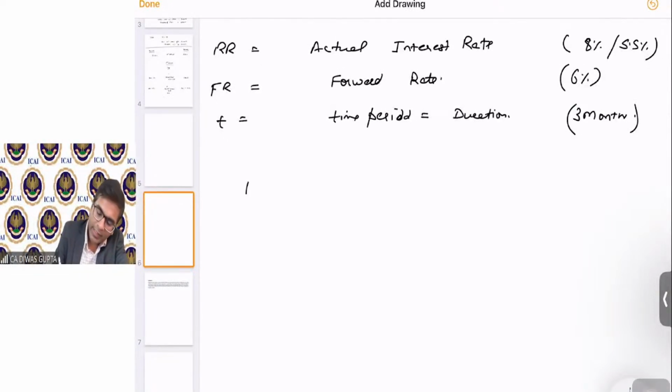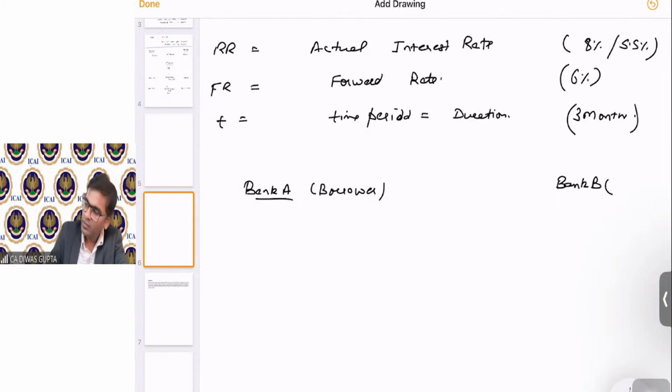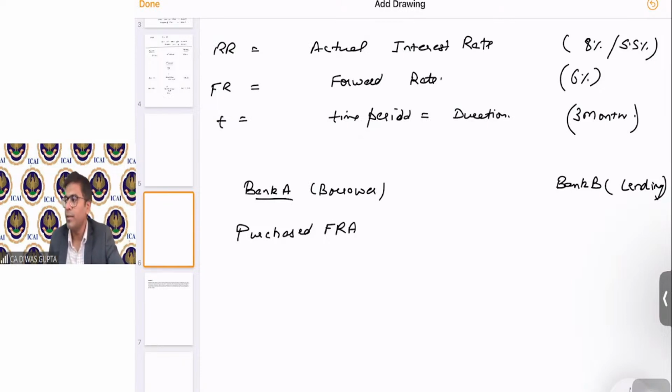Ultimately, what we are doing is bank A, which is on a borrower side, and bank B, which is on a lending side. Okay. So for bank A, we say that bank A has purchased forward rate agreement.